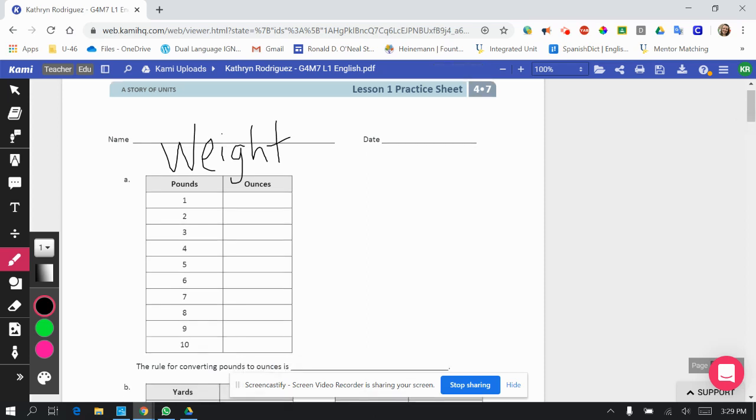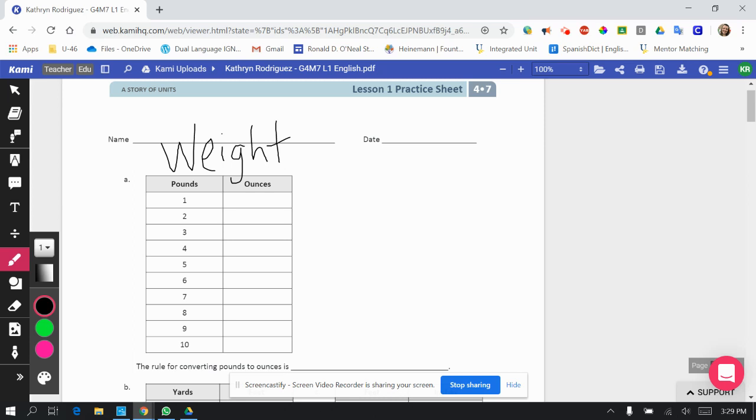And here we go. 1 pound is how many ounces? If you are looking at the measurement conversion chart, that will help you. So again, I'm referring to that because that is a resource that will help you. I would suggest printing it or maybe writing it on a separate sheet of paper if you don't have a printer at home.